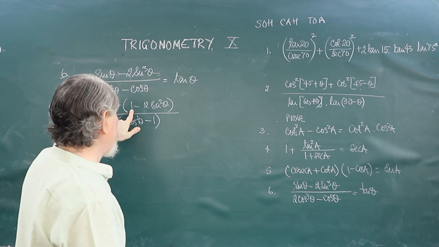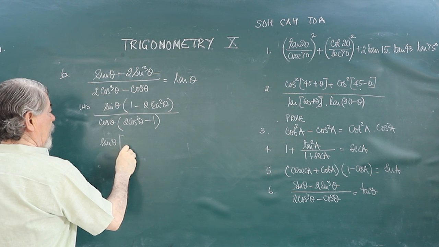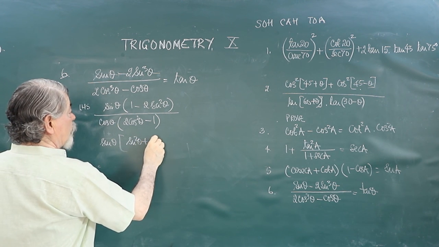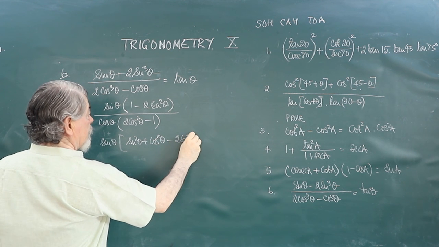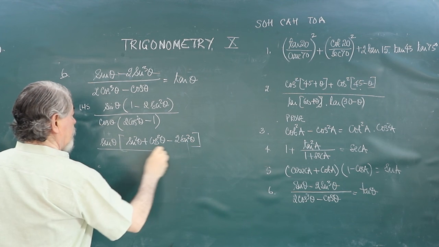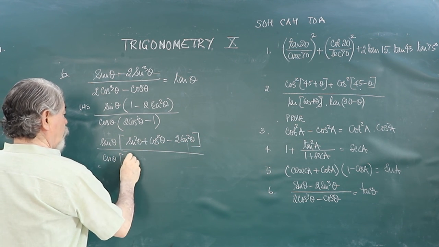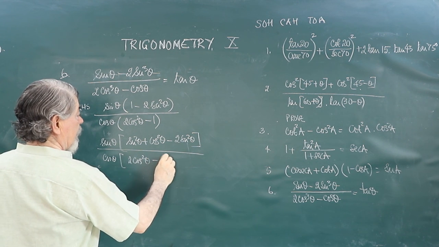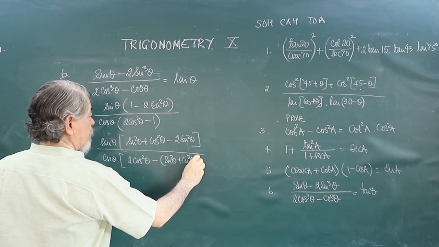Like here it is 1. So what will I do? I'll write 1 as sin square theta plus cos square theta. I'll tell you what is the need of doing that. Minus 2 sin square theta. Here it is cos theta, 2 cos square theta, minus, instead of 1 I'll write sin square theta plus cos square theta.